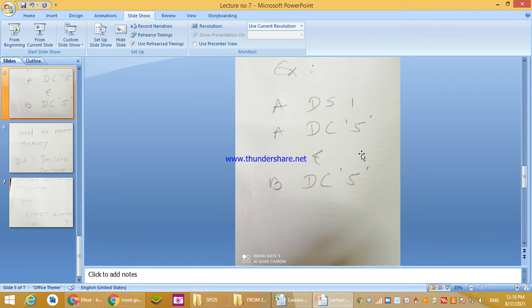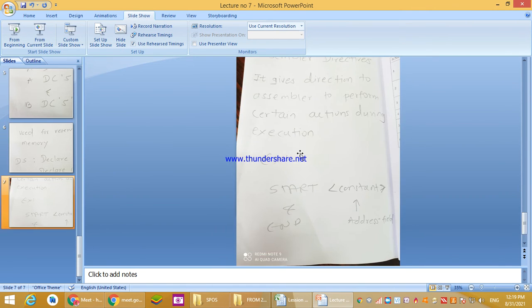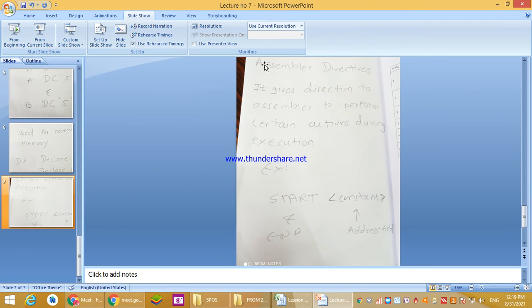I am telling about directives. First, imperative statements, then declarative statements. With the example, I have told you how the declaration statement is written in assembly language. Then the third one is assembler directives, right?